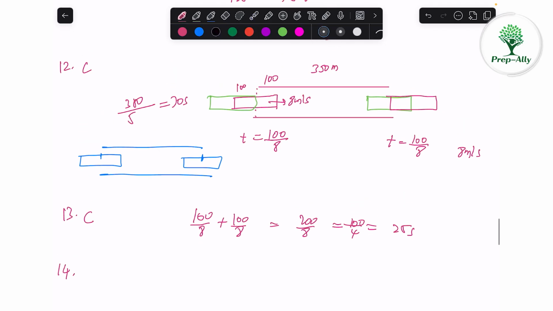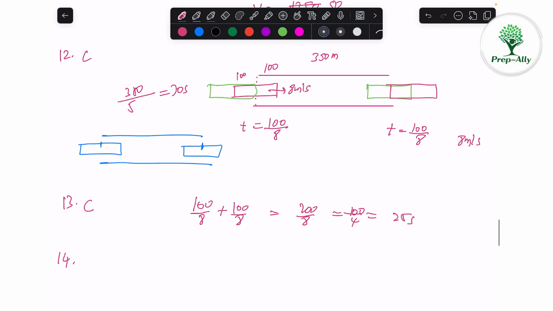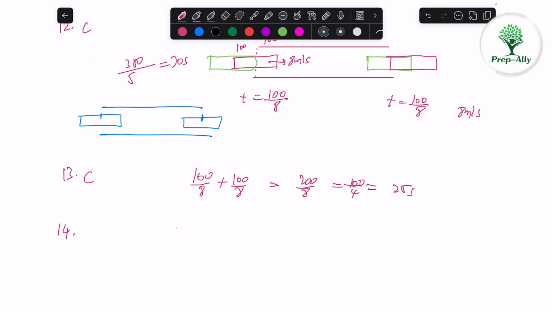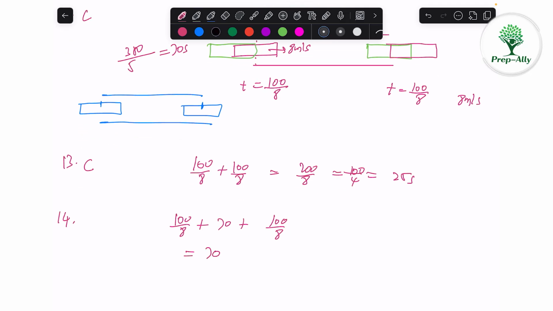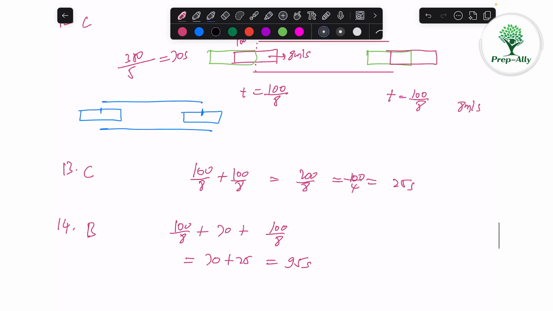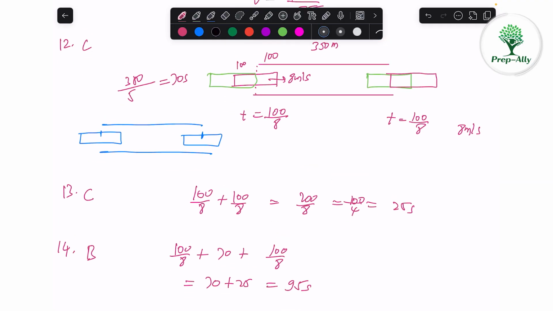So the time is actually the summation of the answers of the above two questions, which is 100 by 8 while it is going from here to here, then 70 seconds while the train goes from here to here, plus 100 by 8 while the train goes from this portion to completely exiting. So it is actually 70 plus 25 seconds, so it is 95 seconds. So for 14, option B is correct. So these are the answers for 12, 13 and 14.